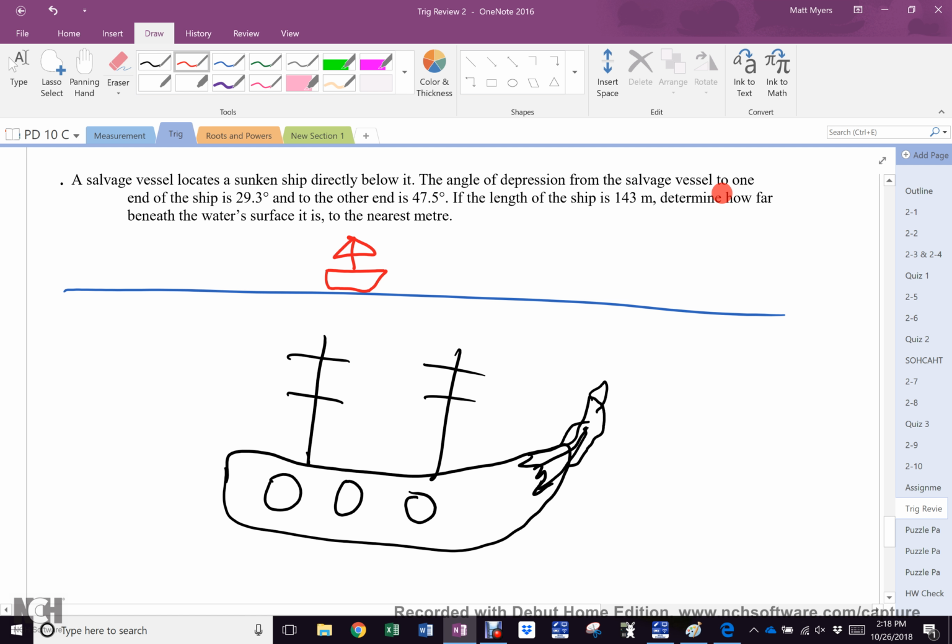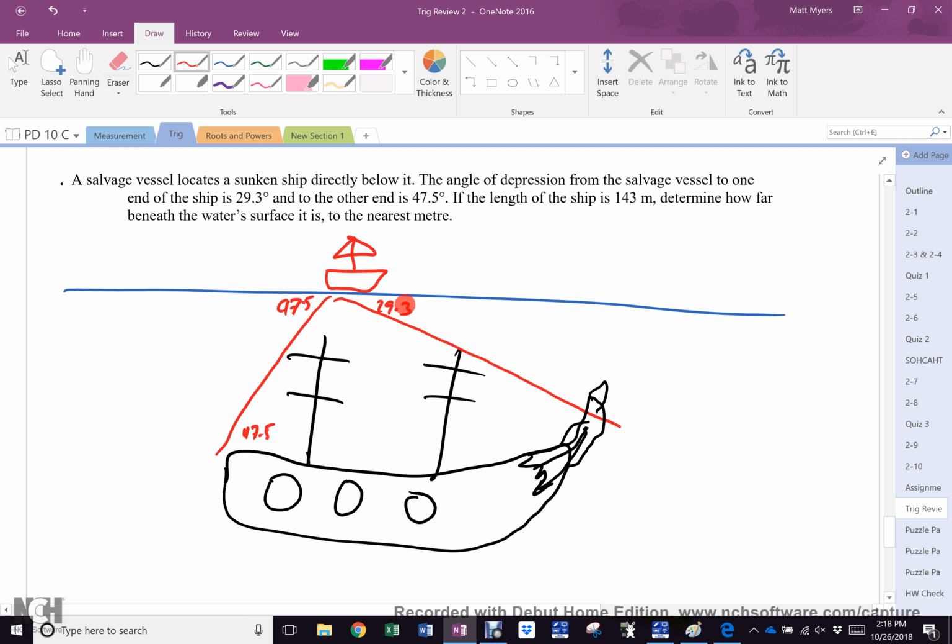Angle of depression to one end of the ship, 29.3, yes? To the other end, 47.5, yes? If this is 47.5, what's this? 47.5.